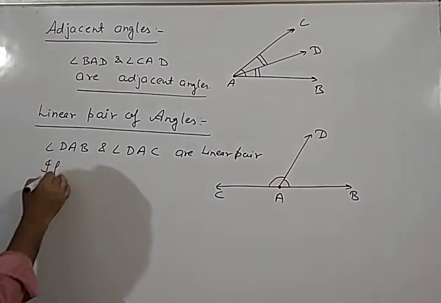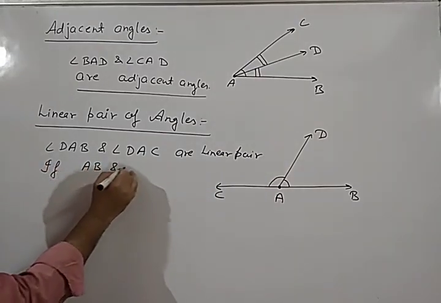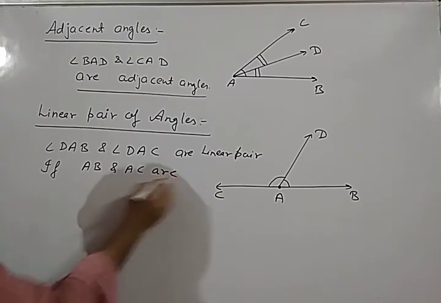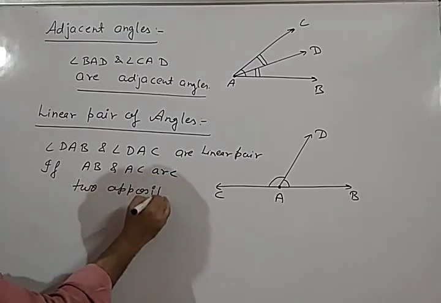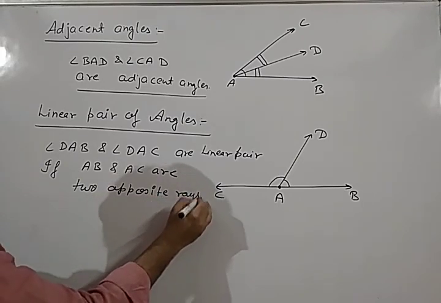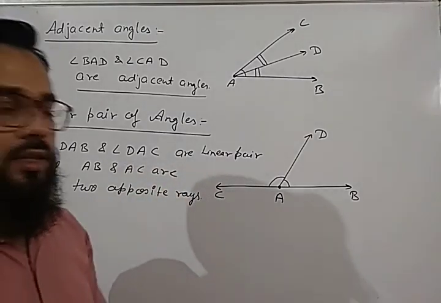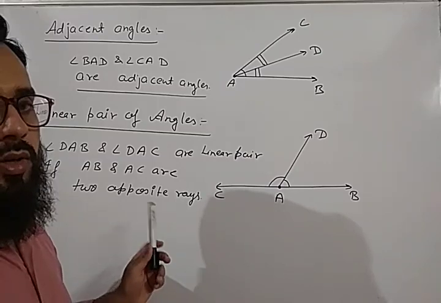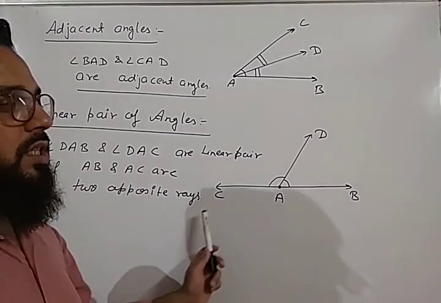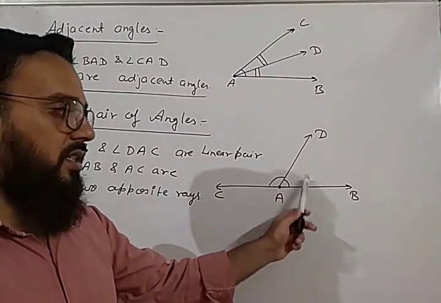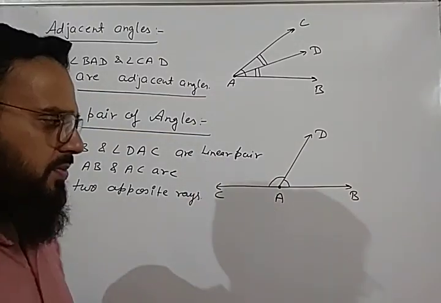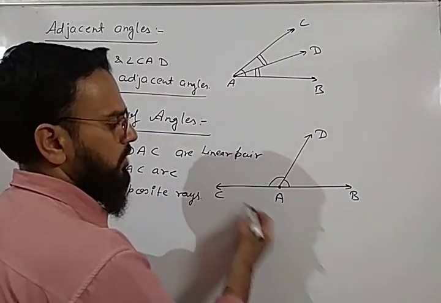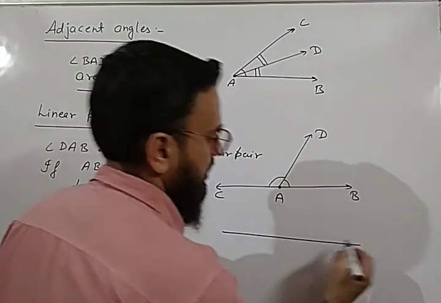Condition: if AB and AC are two opposite rays, this is the main condition. From the same vertex, if two opposite rays are drawn, then the adjacent angles formed are called a linear pair of angles. It means that if these two rays are opposite, they form a straight line.